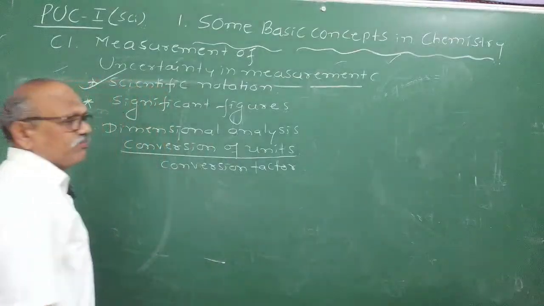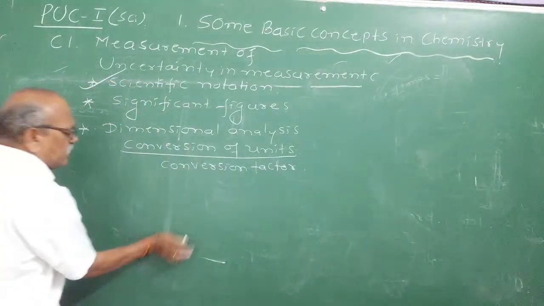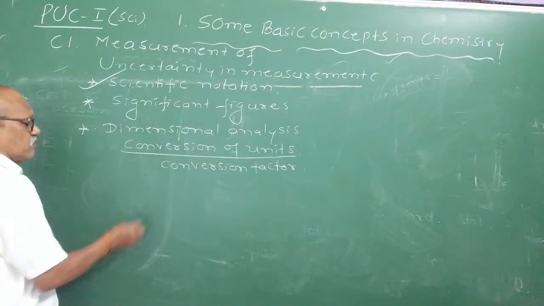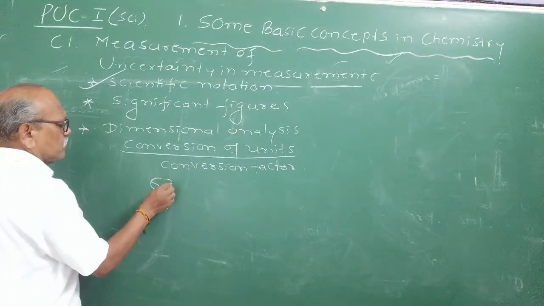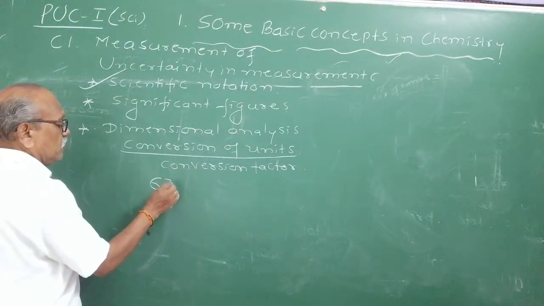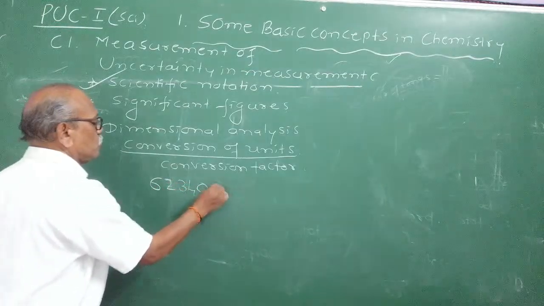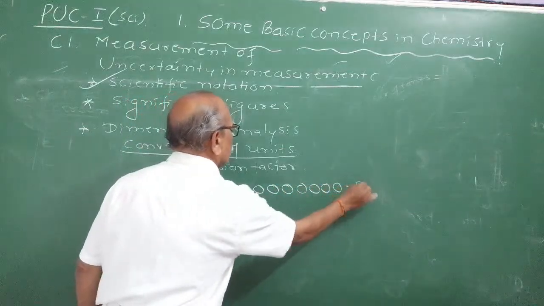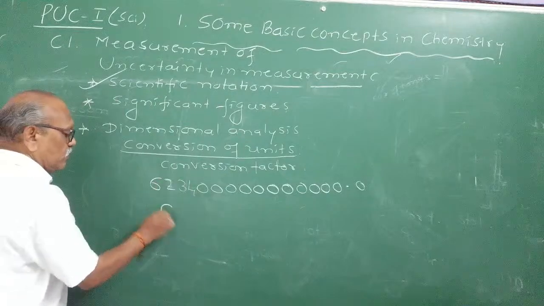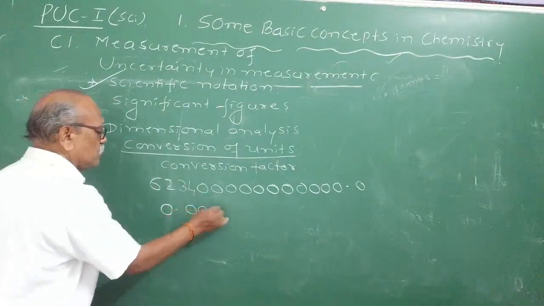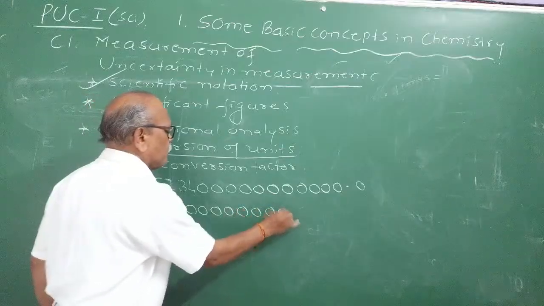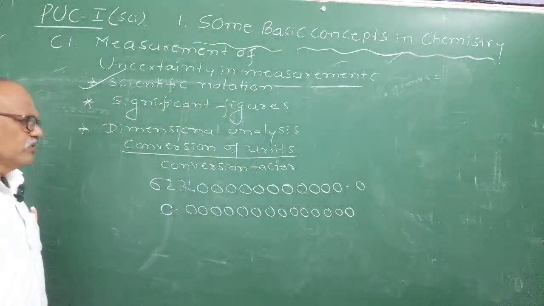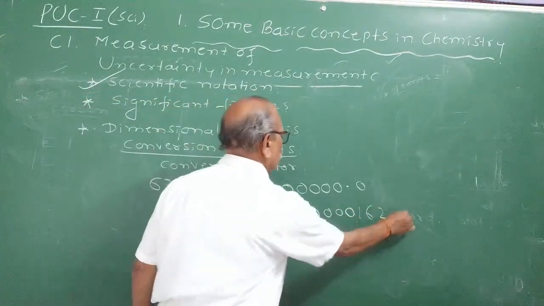In chemistry, many times we come across very big numbers, like 6234 followed by many zeros, and sometimes very small numbers, like 0.0000000162.